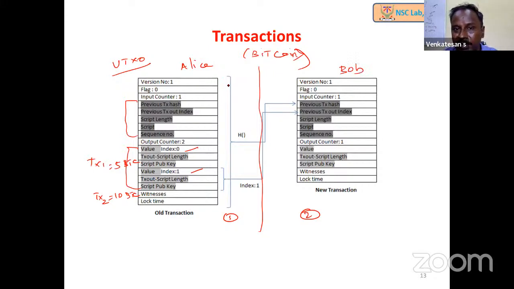Alice is going to send 5 BTC to Bob. Consider this as 10 BTC and this as 5 BTC. So now there are two unspent transactions, 10 and 5, and Alice has to send only 5 BTC. So no need to touch this. Now she will take this transaction.